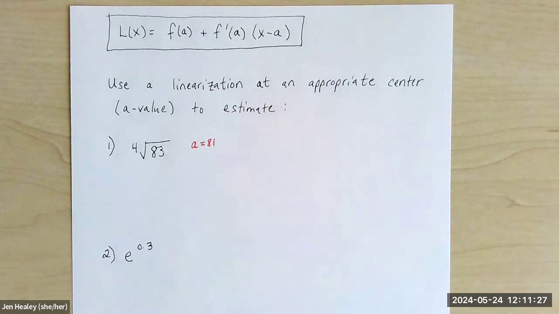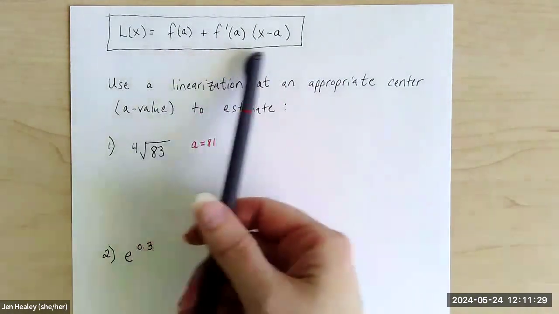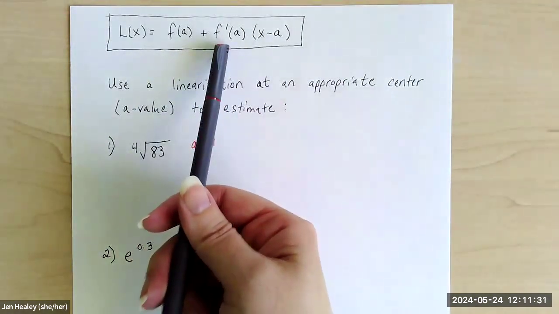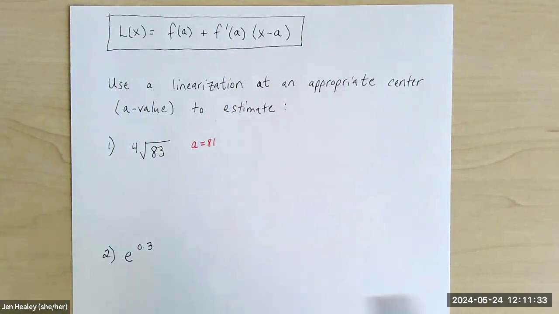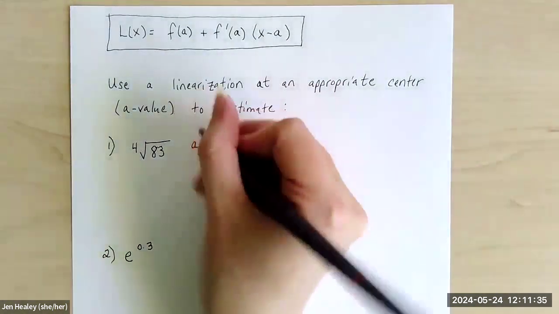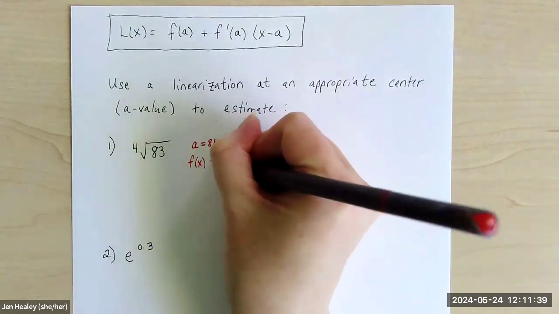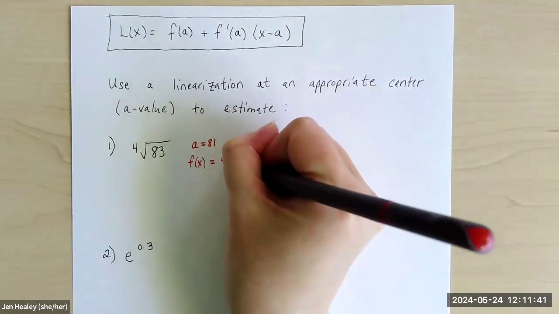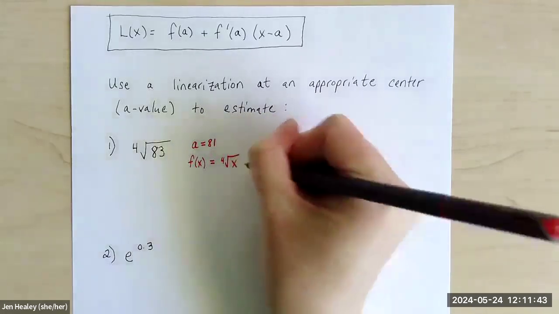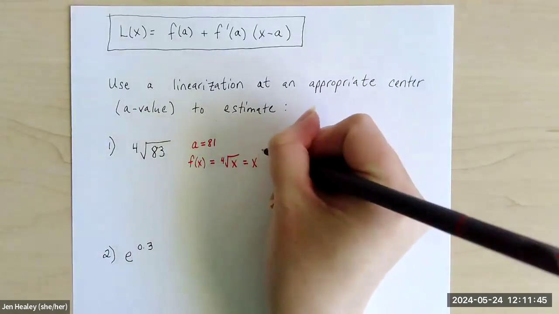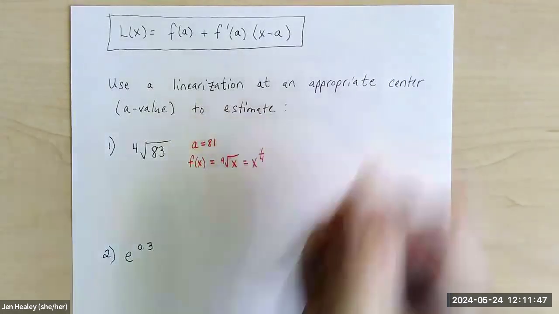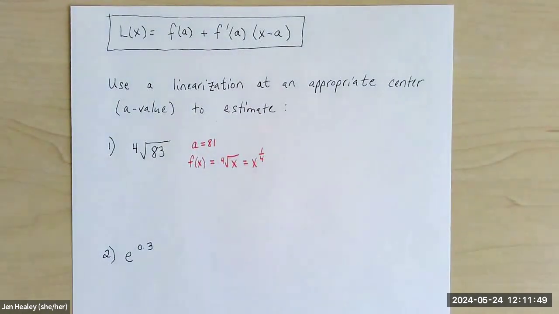Other things that you need, in order to use this formula, we're going to have to find the derivative of our function. So I need to know what my function is. So fourth root of x. Or another way to write that would be x to the 1/4 power, which might be helpful when you do the derivative part.